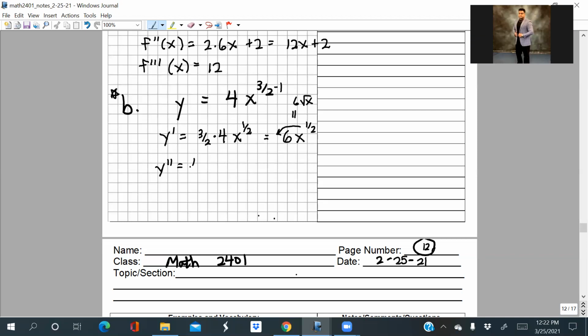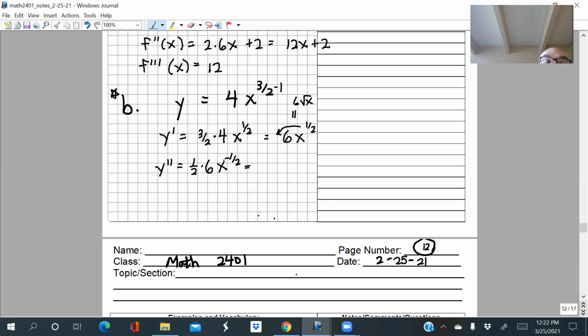So you brought the 1 half down times the 6, and then you got x to the, and this is kind of the tricky part. I got x to the power negative half by subtracting 1 from there. Right. So 1 half minus 1 is going to end up being negative 1 half, right? And so that's a little bit ugly, but that's it. So 1 half times 6 is 3.